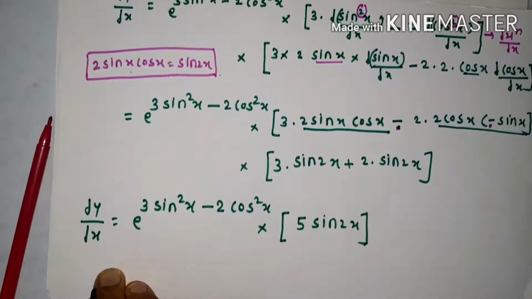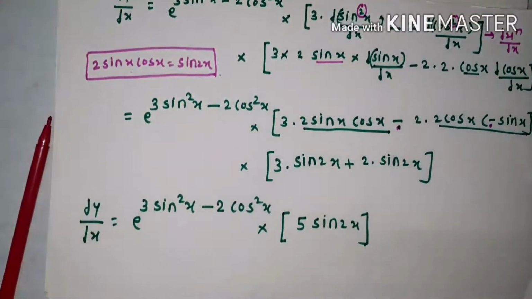By using this method we can solve a number of problems, students, and here so many problems are given, and in exercise 1.1, in question number 2, so many problems are there, and the problems are not so easy, and that's why you have to understand it.